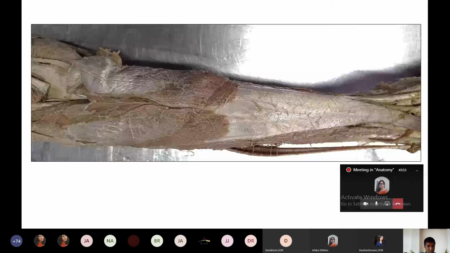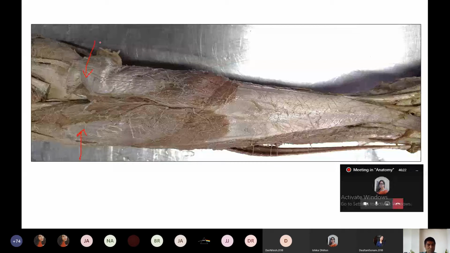The leg: very easy but very important. Here in the posterior compartment, you can see a very bulky muscle in the superficial region. At first, I'm showing again what I have already shown. What is this? Just seeing like this, can you identify which side is this? This is challenging to some students, so you have to be careful here.